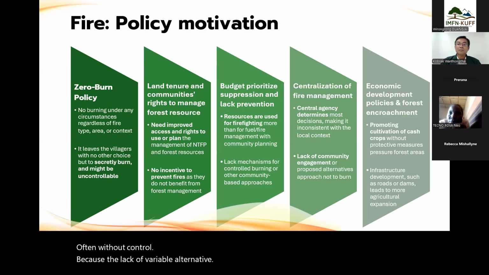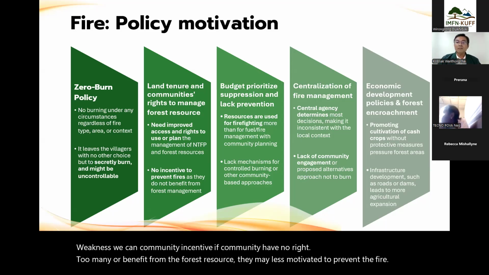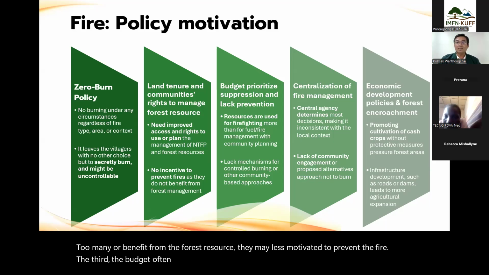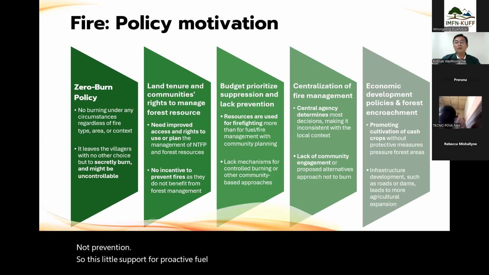The second, unclear or restricted land tenure weakens community incentives. If communities have no right to manage or benefit from forest resources, they may be less motivated to prevent fire. The third, budgets often prioritize firefighting, not prevention, so there is little support for proactive fuel management or for community-driven controlled burning.